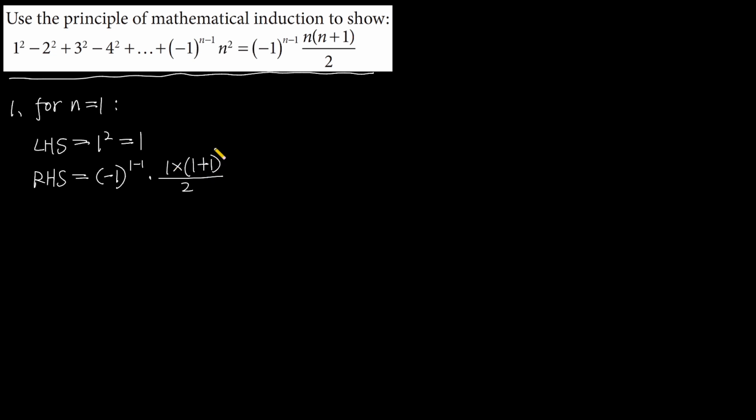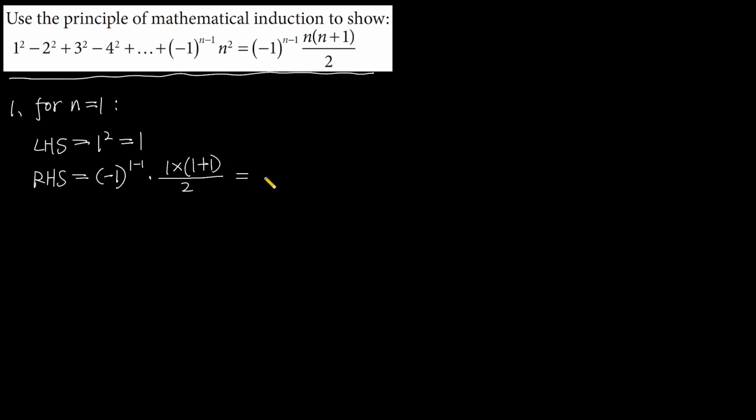So step 1, for n equals 1, left hand side equals 1 squared equals 1, and right hand side equals -1 to the power of 1 minus 1 multiply 2 over 2, multiply 1 multiply 1 plus 1.